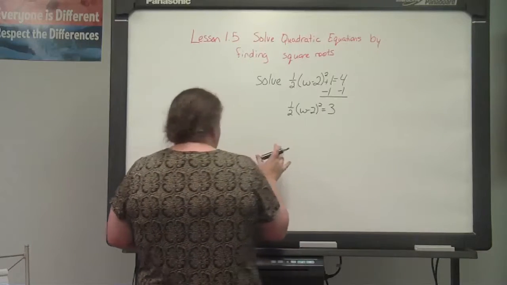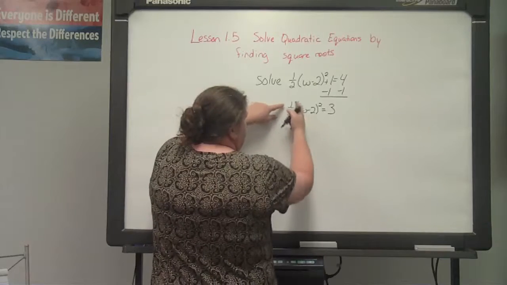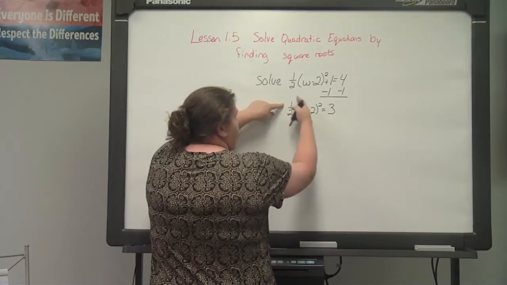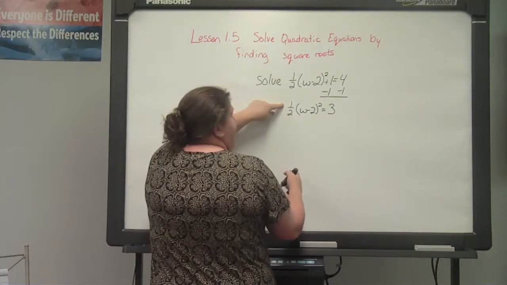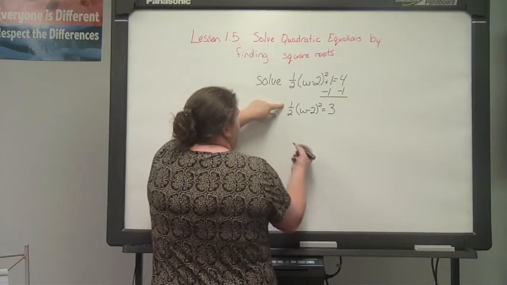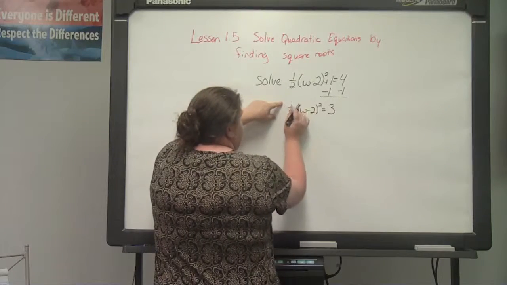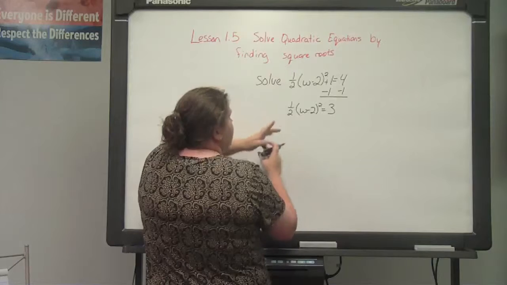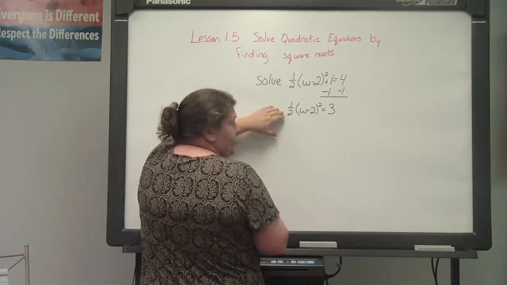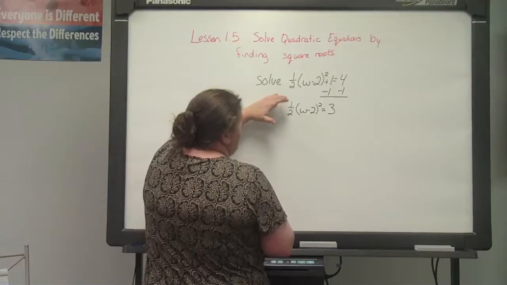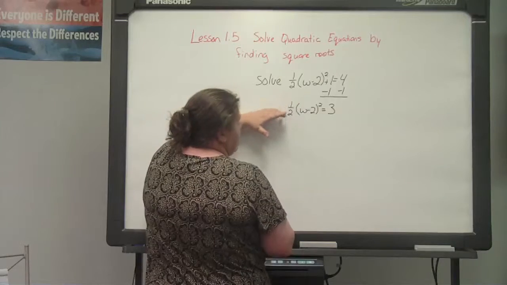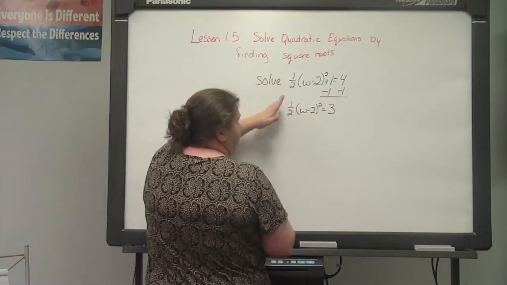The next step that I want to do is deal with the multiplication, because right now it's being multiplied by 1/2. You can say 1/2 is the same as saying that (w minus 2) squared is being divided by 2.